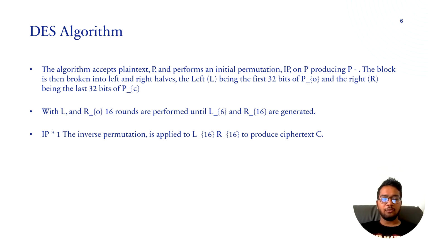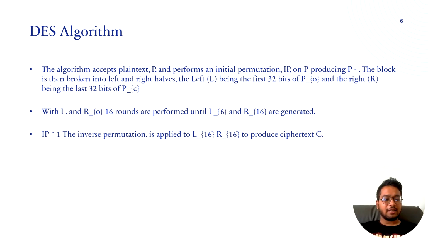For how it works, in the first step, the 64-bit plain text block is handed over to an initial permutation function, and the initial permutation is performed on the plain text. Next, the initial permutation produces two halves of the permuted block, called the left plain text and the right plain text.